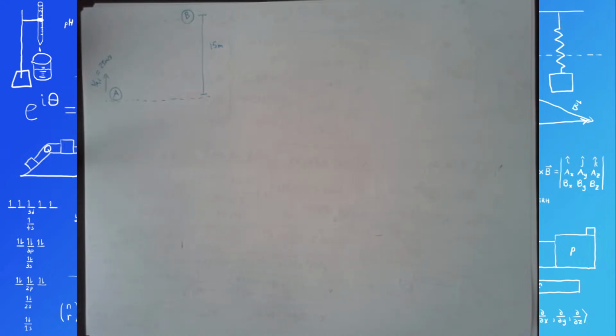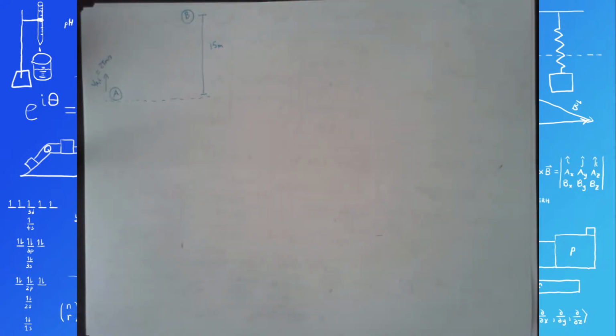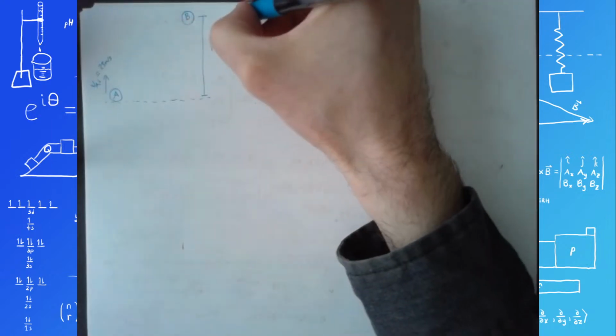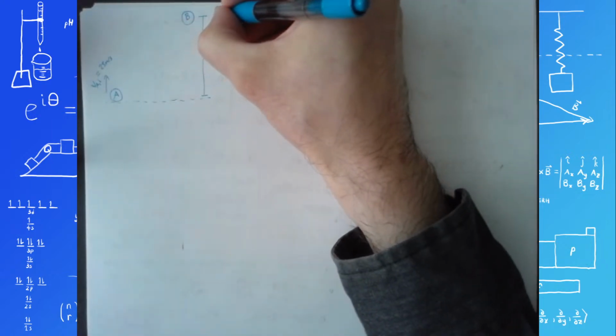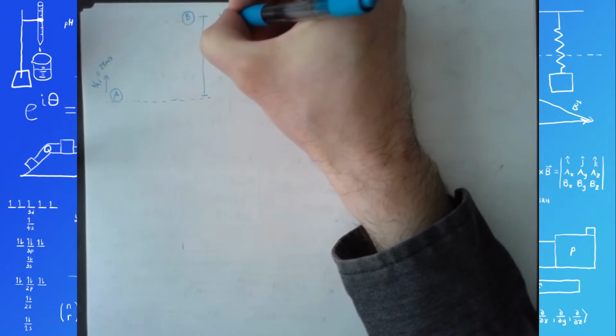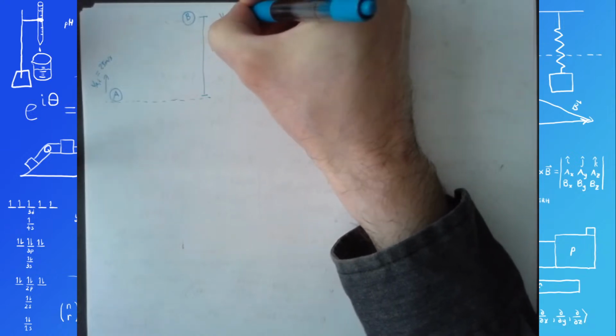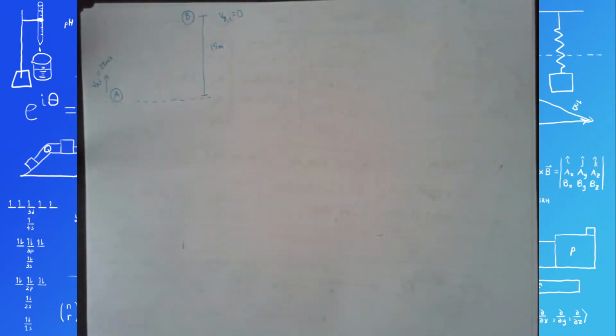In other words, we can assume that the second ball was dropped from rest. Otherwise, this problem would be unsolvable. So VB initial is going to be 0.